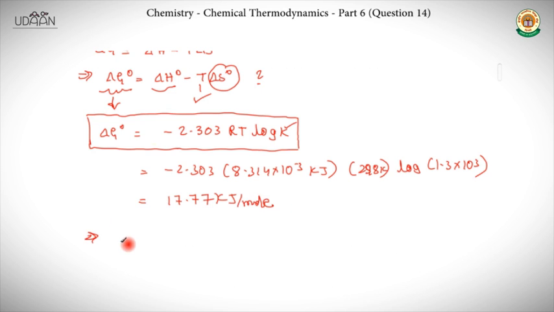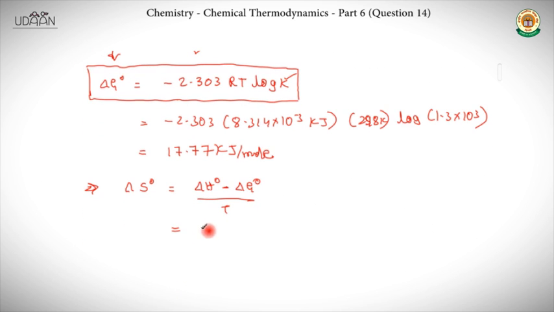Now, delta S naught. From the previous equation, we get it as delta H naught minus delta G naught, divided by T. So calculating this one, here we get minus 66.5, this is the enthalpy they gave in the question that is released, minus delta G naught that we calculated, 17.77.